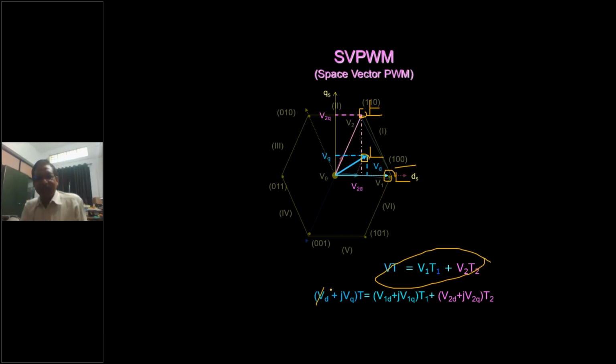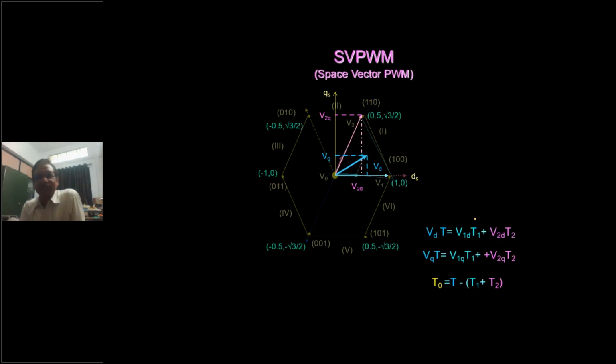When I equate this, I get a real part and an imaginary part. Here only T1 and T2 are unknowns. Everything else is known because we know the coordinates. So from that you can calculate T1 and T2. What is T0? T0 is nothing but the total time period minus T1 minus T2. So like this, you will get T0 also.